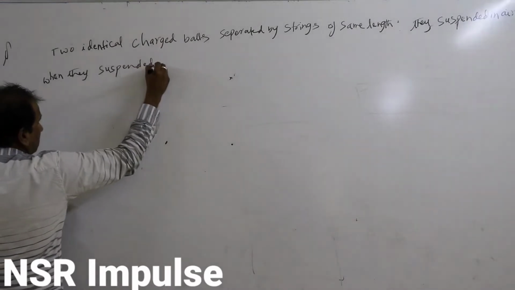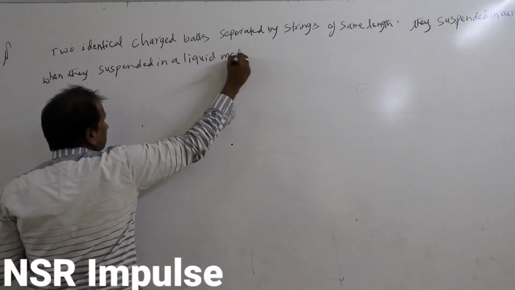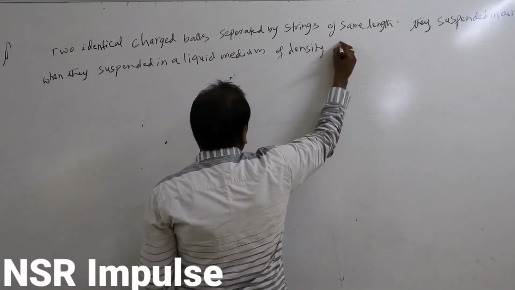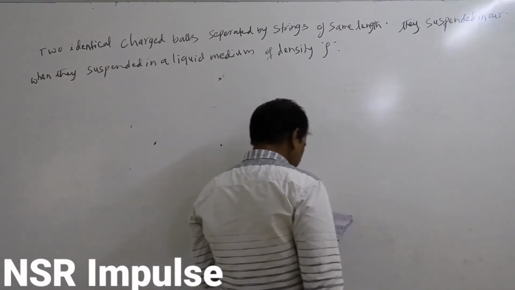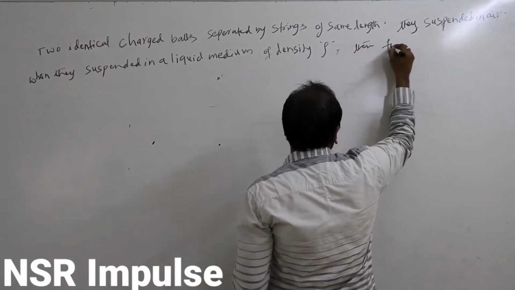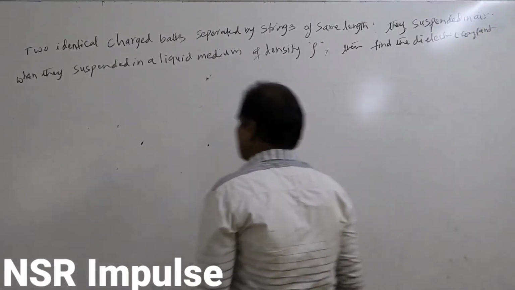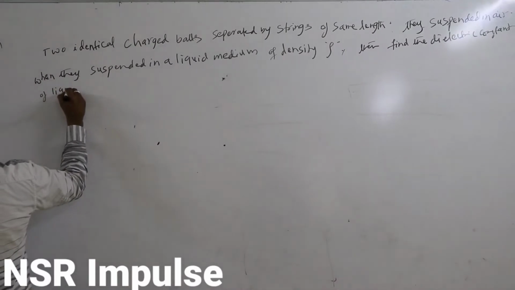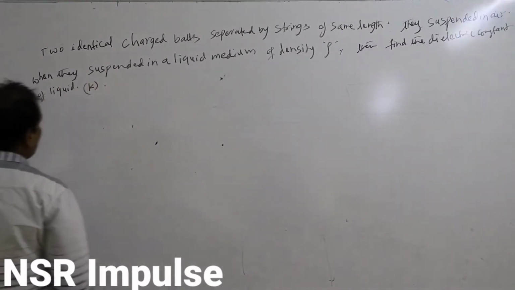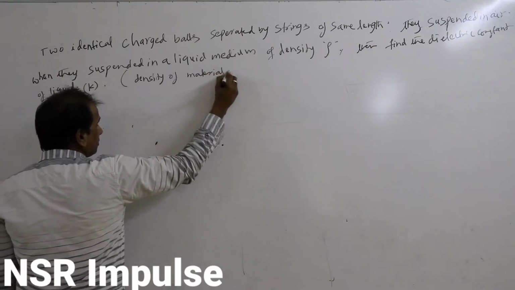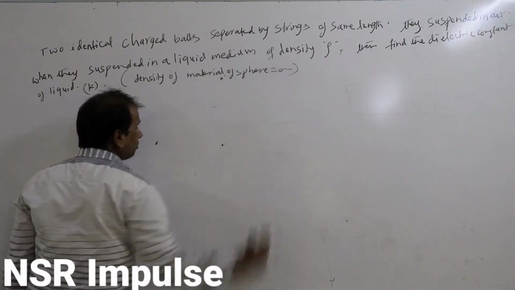After that, when they are suspended in a liquid medium of density rho, find the dielectric constant of the liquid, that is K. Then the density of the material of the sphere is equal to sigma.